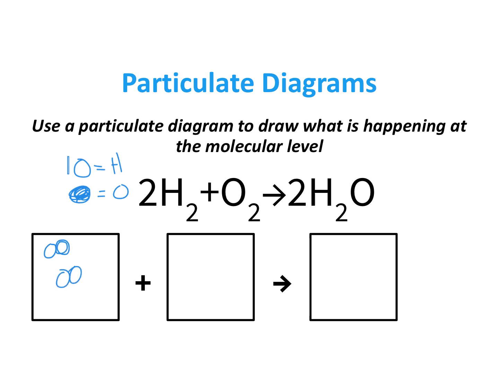And I have 2 of those. I have 1 O2. My O2 is diatomic. And then in my product, I have 2 H2Os. So I have an oxygen with 2 hydrogens. And then I have another oxygen with 2 hydrogens. So that would be maybe an example of something I would ask you to do.